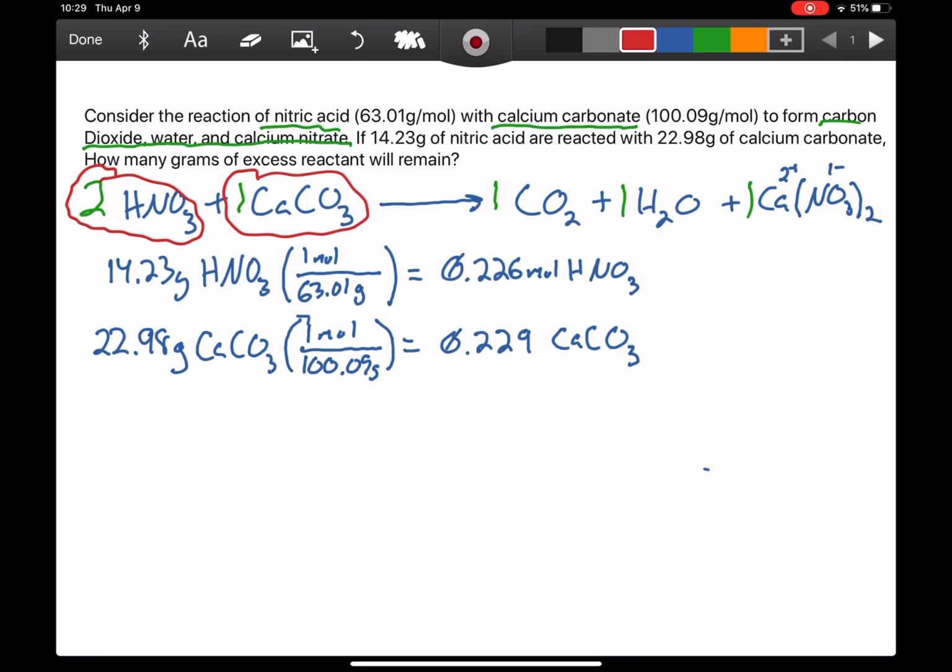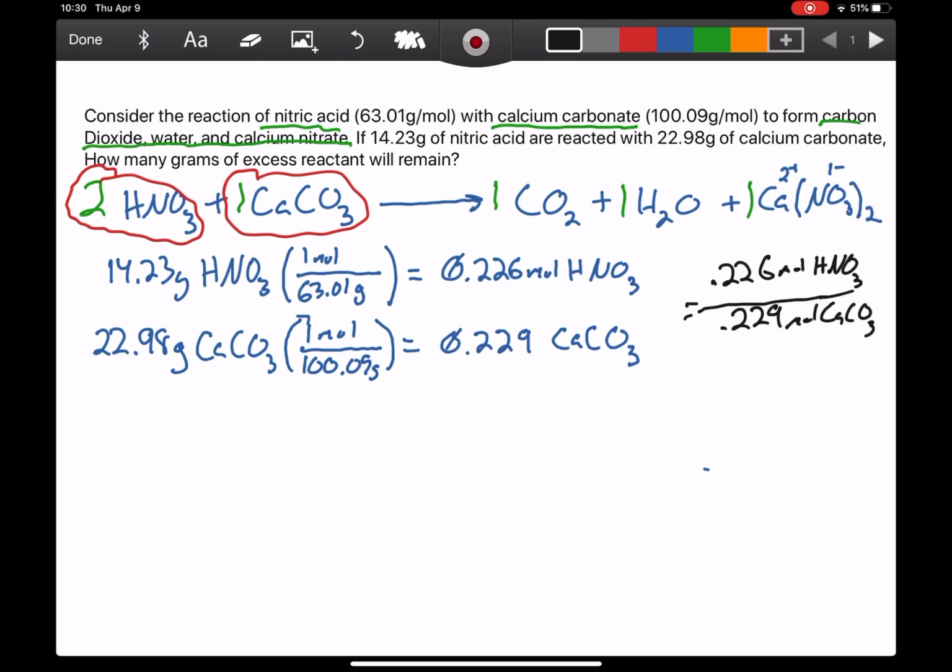So to find which one is going to be limiting, if we take the moles of nitric acid and divide it by the moles of calcium carbonate, if this number is less than 2, then we know that the nitric acid is going to be limiting.